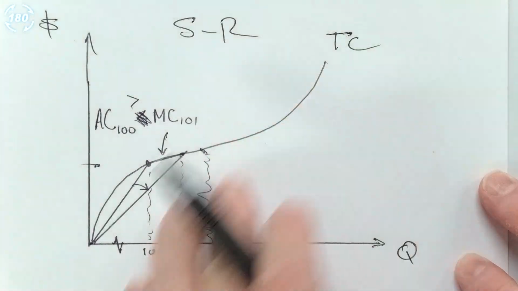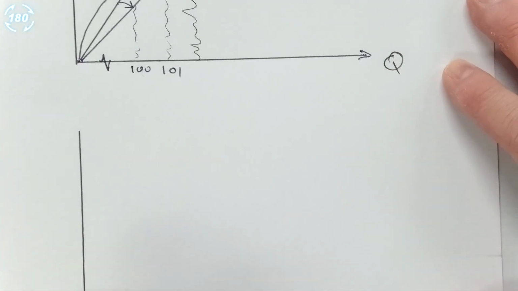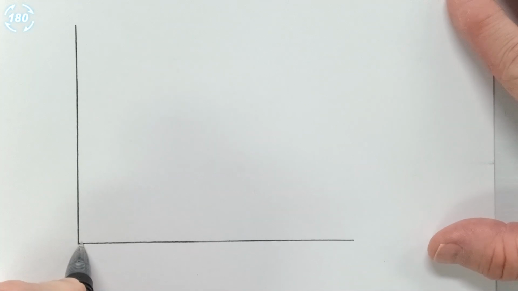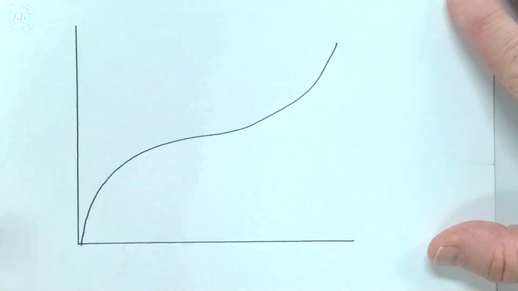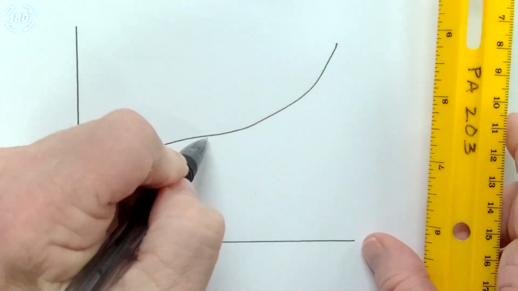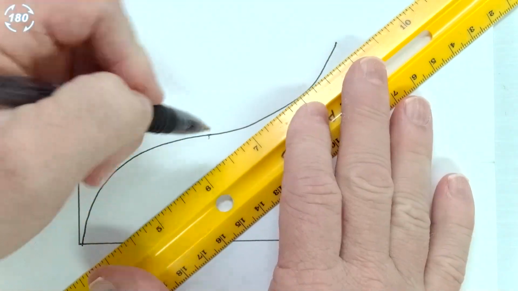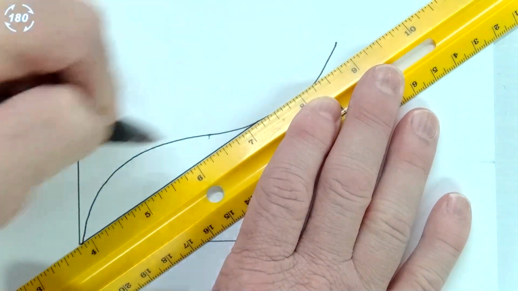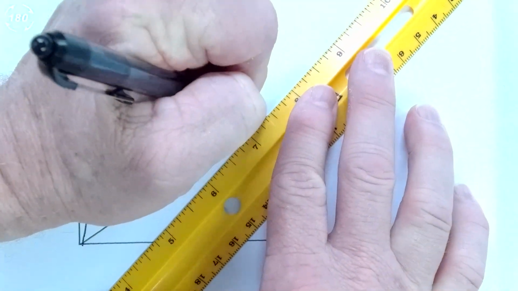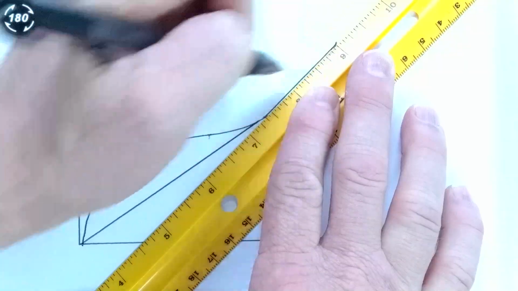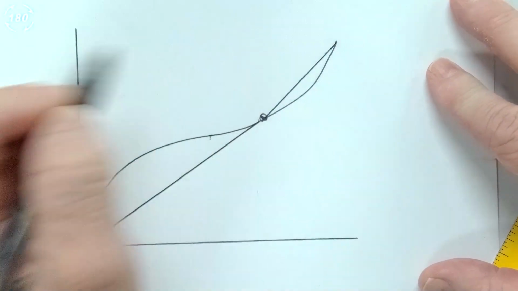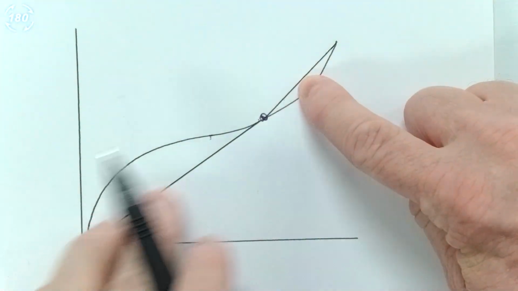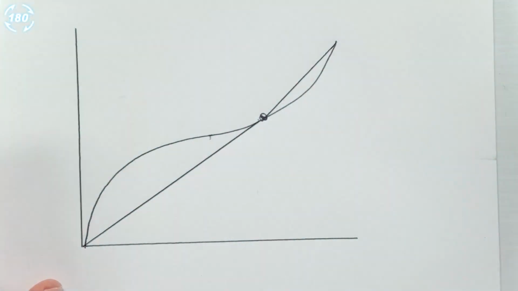Conversely, if you're out in this region over here, let me just draw that curve again, just to make sure we understand. There it is. Beyond this inflection point out here, it would be the case that the marginal is greater than the average. Okay, I don't know, it's not very convincing perhaps. That slope almost looks like a straight line, but there's a little bend there.